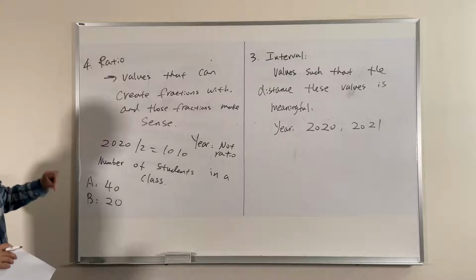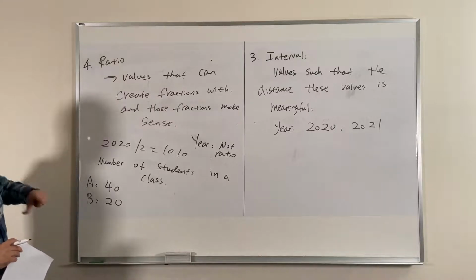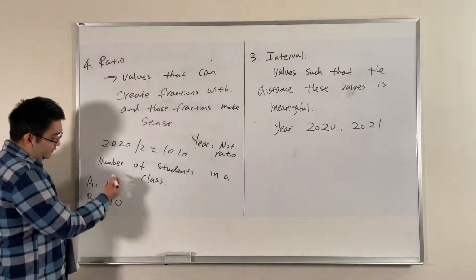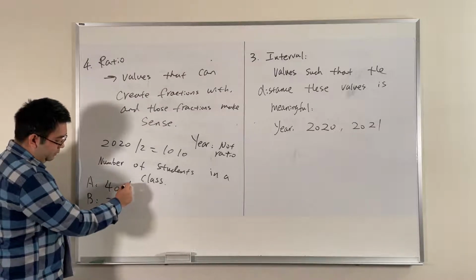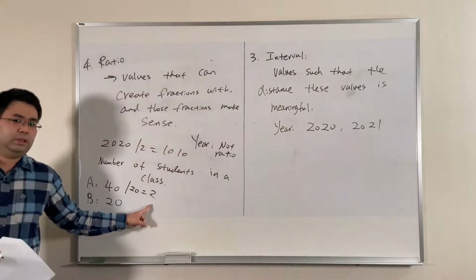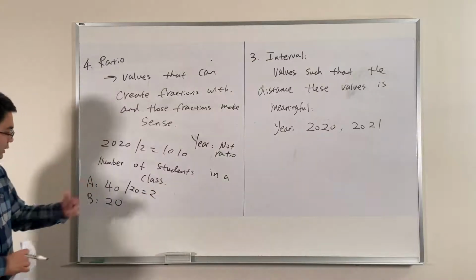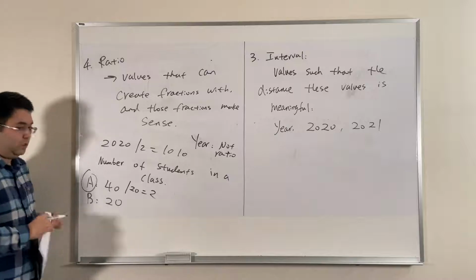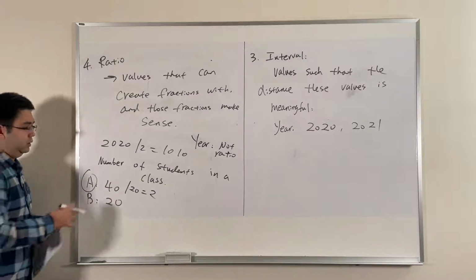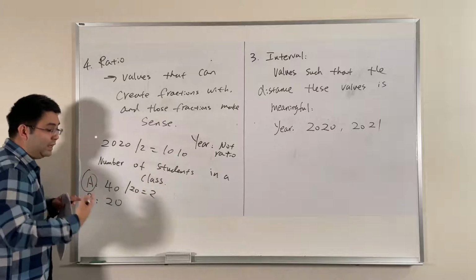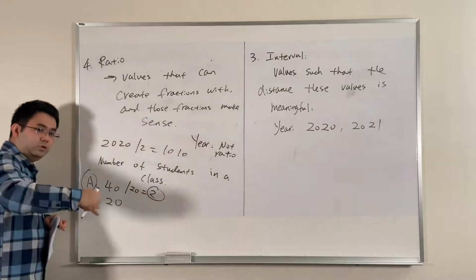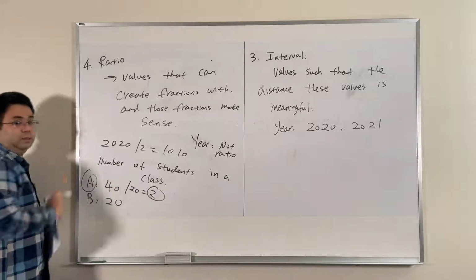Are these numbers ratio variables? The answer is yes. If you divide 40 over 20, does this 2 have meaning? Yes, because class A has twice as many students as class B. So you are able to create this fraction, and it has a meaning: 2 times more students in class A than in class B.